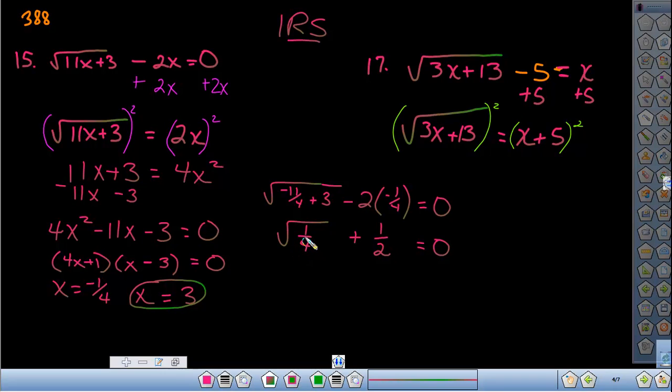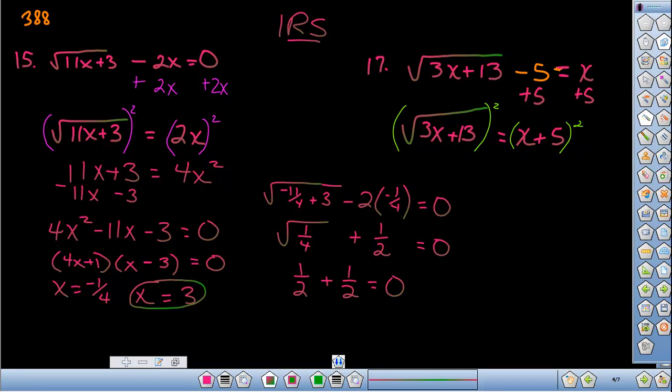Now the square root of 1/4 is the same as the square root of 1 over the square root of 4, which is going to give me positive 1/2. And just by looking at this now, I can see that this is not going to add up to 0. So this solution wound up being what we call the extraneous solution. So we're going to disqualify it as our answer.